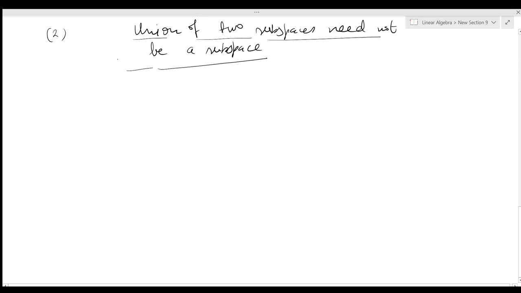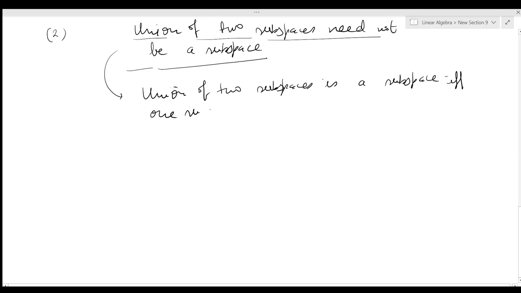So for this there is a result: the union of two subspaces is a subspace if and only if one subspace contains the other.